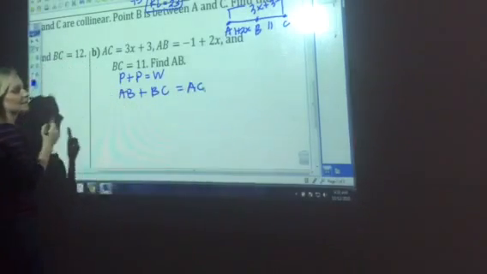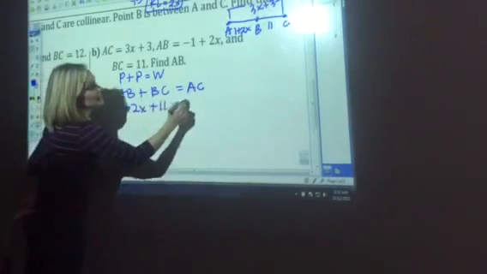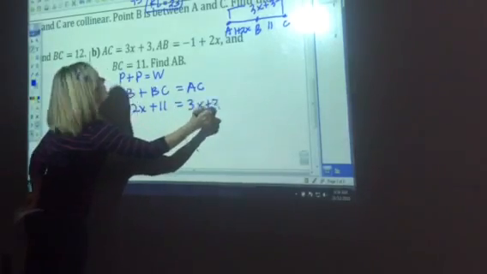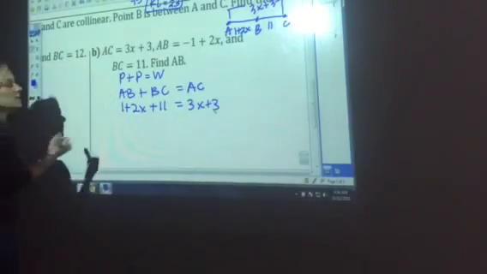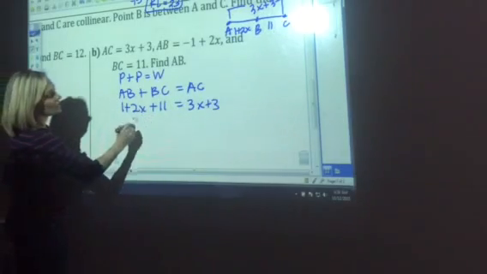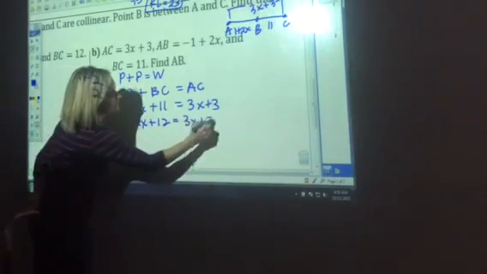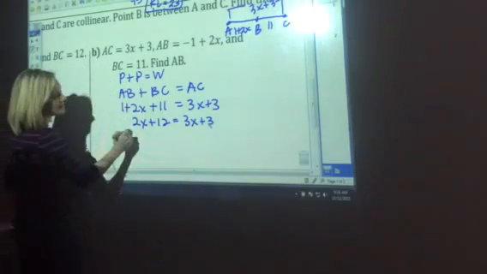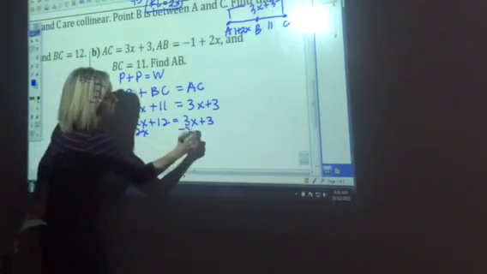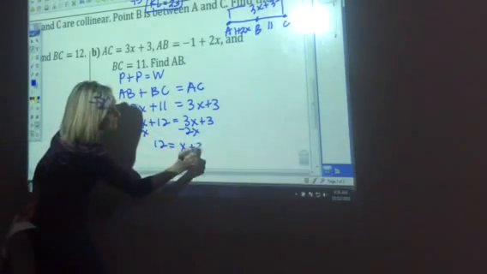When I plug in, I have 1 plus 2x plus 11 is equal to 3x plus 3. I'm double checking my numbers here. So right here, this will give me 2x plus 12 is equal to 3x plus 3. When I subtract 2x, I get 12 is equal to x plus 3.